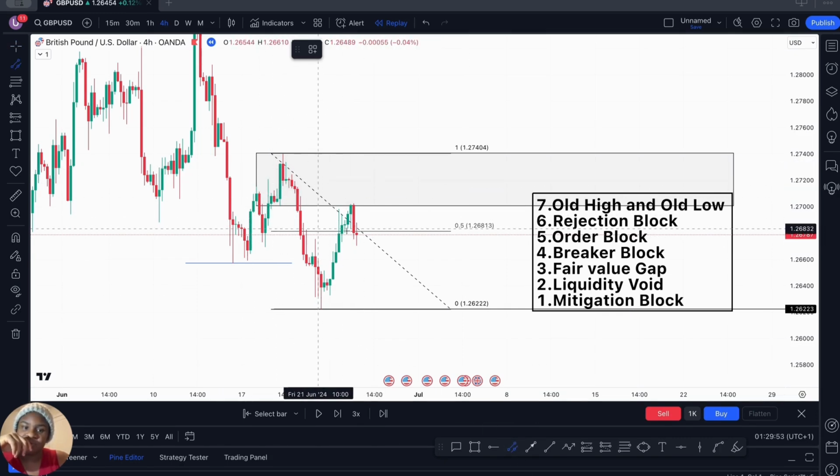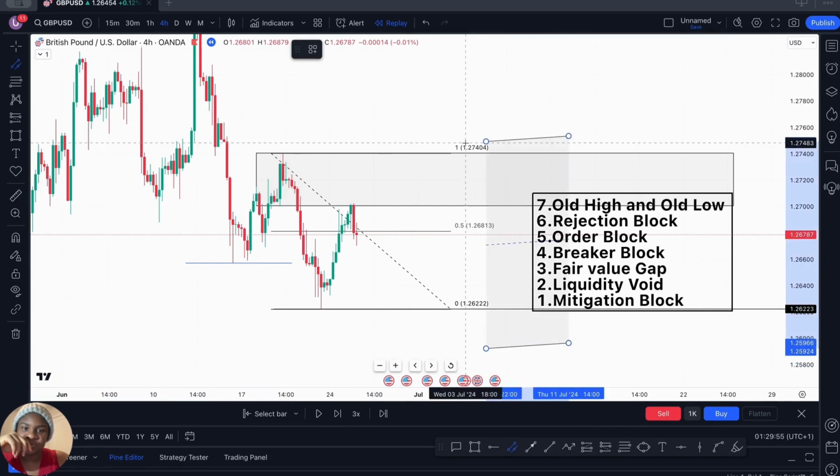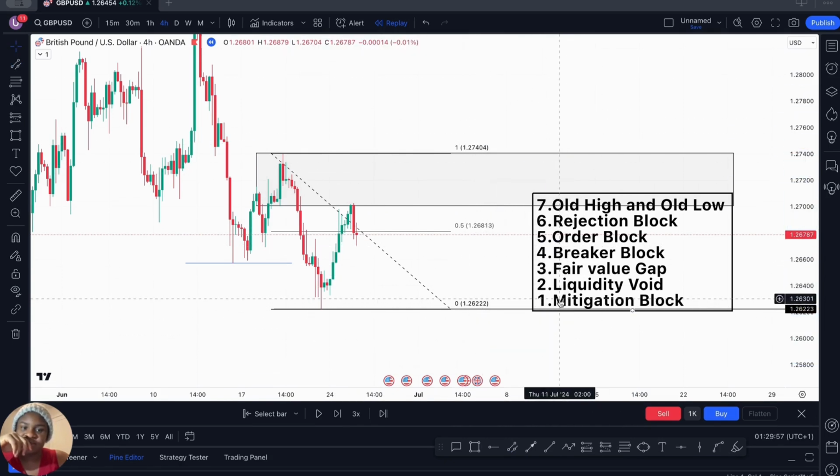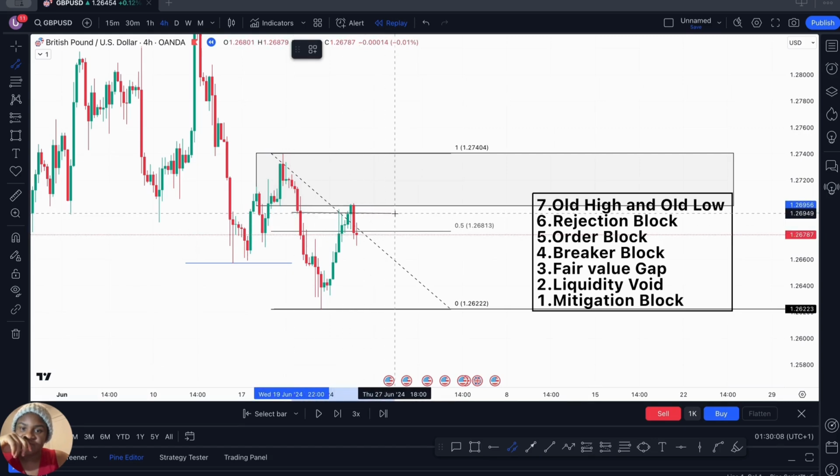Now on the premium, I'll start with the basics so you don't get confused. Is there a mitigation block? No. Is there a liquidity void? No. Is there a fair value gap? On the premium, I'm seeing two zones for fair value gap. I'm seeing here also in the premium zone, and I'm also seeing here also in the premium zone.